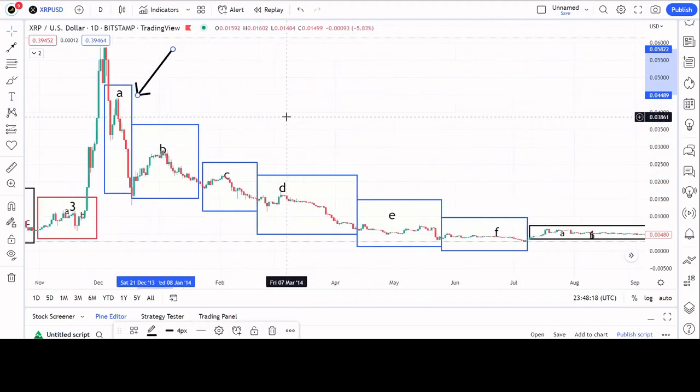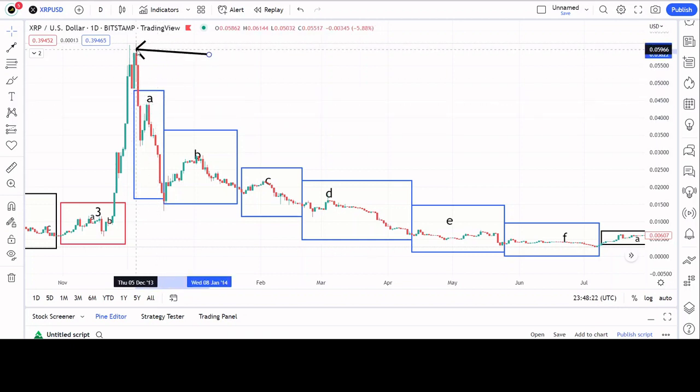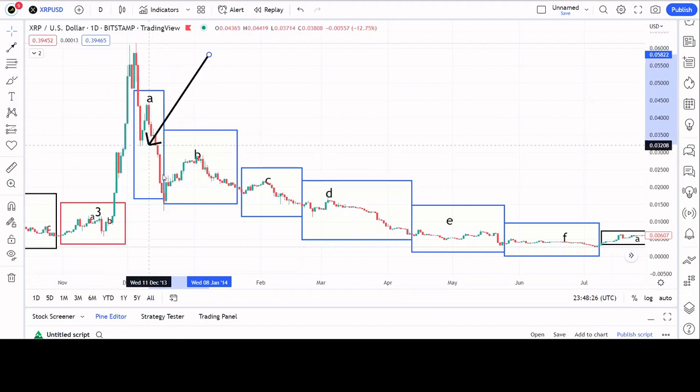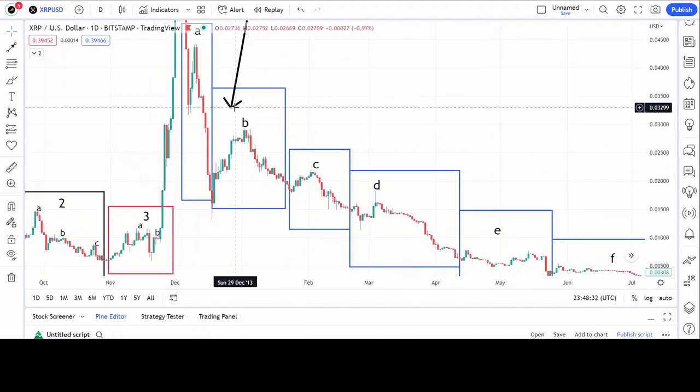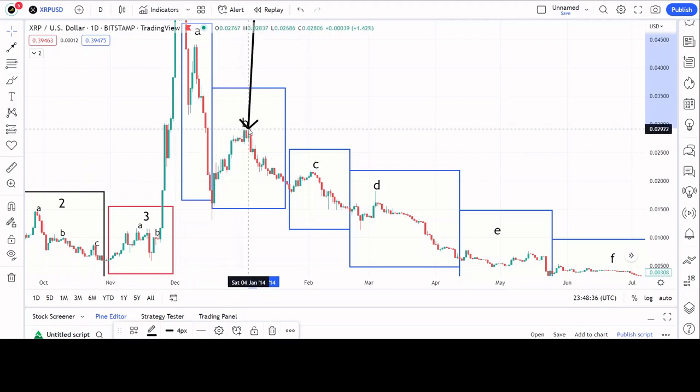So just a quick review of this. Here you have the peak of the bull market. It drops, does a retrace, and that is your A fractal right there, your A structure. We go into B, and as I pointed out before, B has two parts to the structure. Here's the first part, here is the second part.